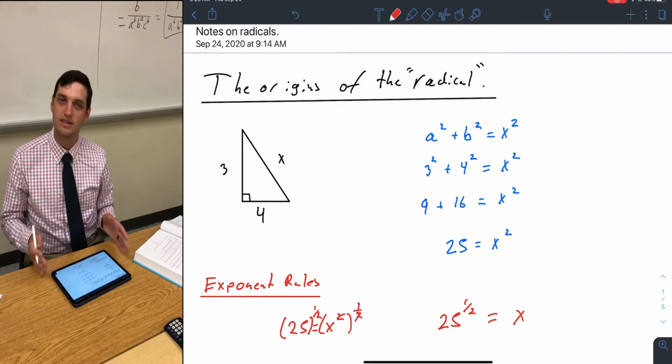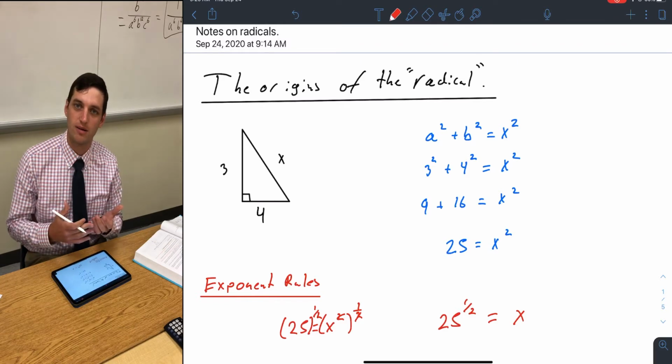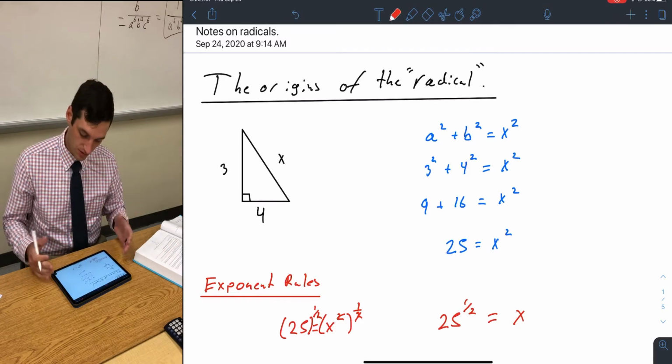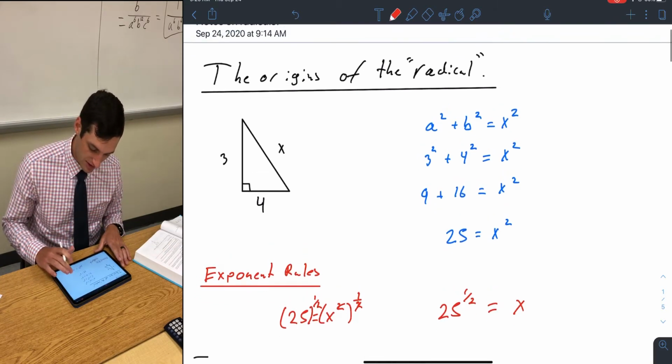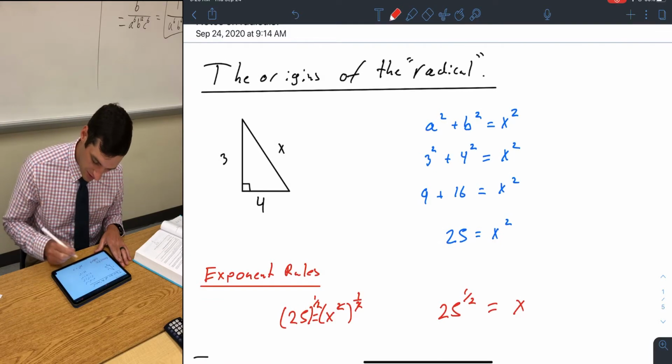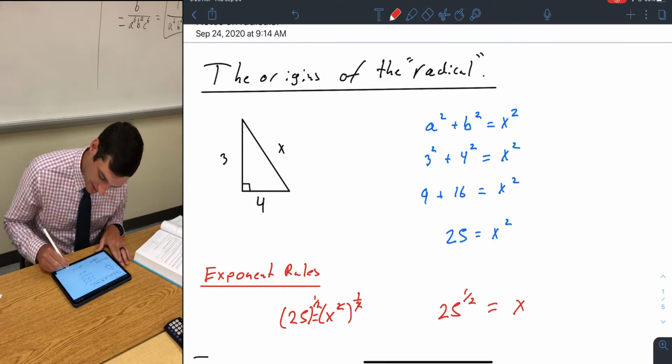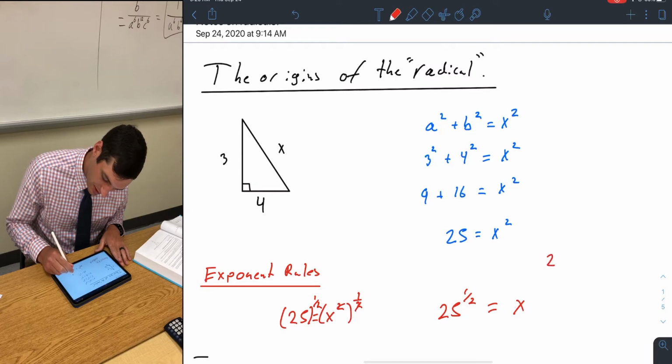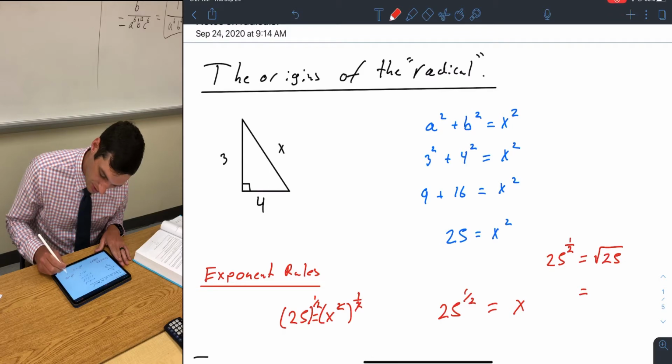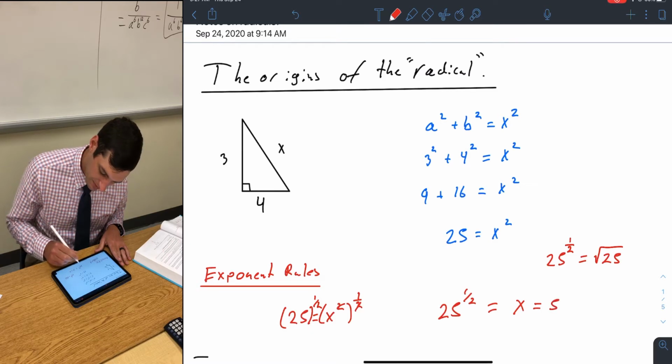Well, what is 25 to the 1/2 power? That's where we get into radicals, and we know these as square roots. So 25 to the 1/2 power is equal to the square root of 25, which is equal to 5.